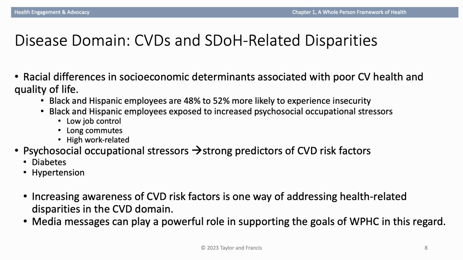It tells you about Black and Hispanic employees and how they can experience job insecurity at a disproportionate level, and also how they have increased psychosocial occupational stressors stemming from low job control, long commutes, and high work-related stress. And these psychosocial occupational stressors are strong predictors of CVD risk factors such as diabetes and hypertension.